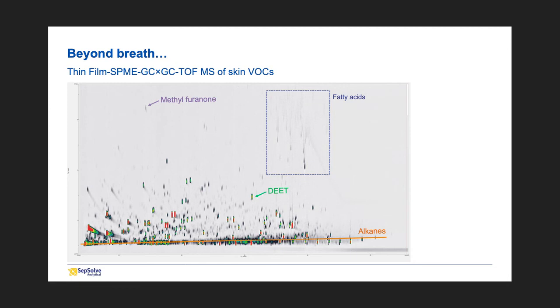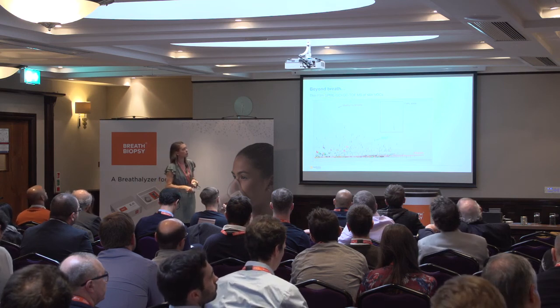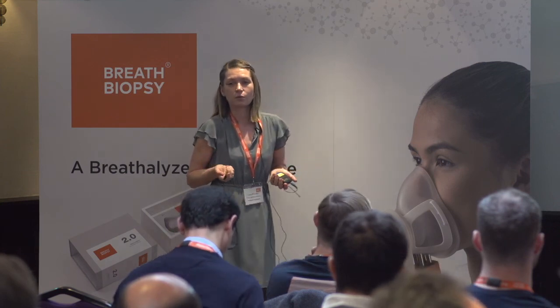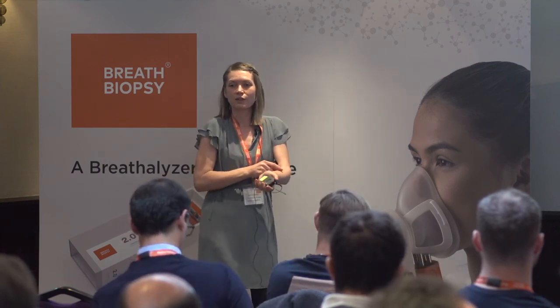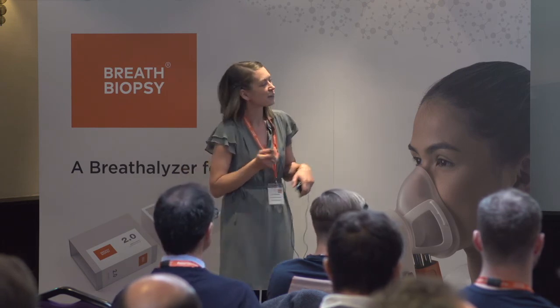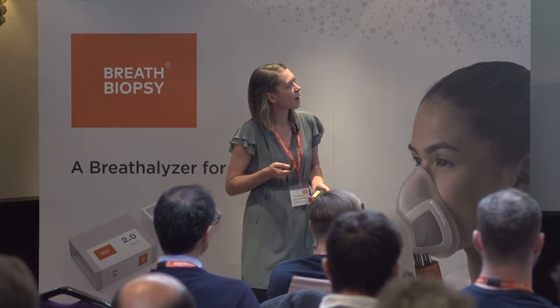And we've got a region here for fatty acids, but just to show you, we've got alkanes eluting at the bottom of the second dimension here, but all the way to the top, we have methylfuranone. So we're utilizing that entire space to separate out all the components. And I've just pointed out the DEET here because it's one of the most common insecticides, so present in a lot of insect repellent. And I think our candidate here had been using that before sampling.